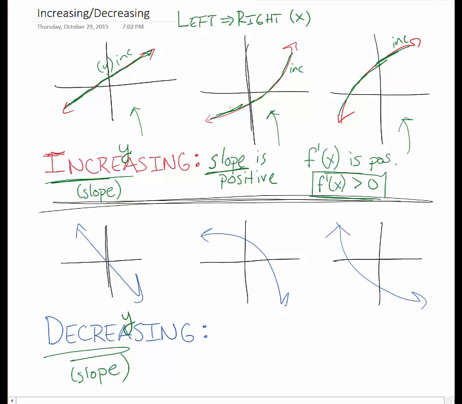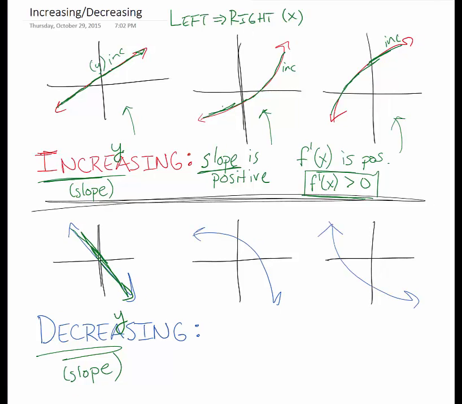It's an increasing graph. Similarly, for decreasing, as we move from left to right, if our y value gets smaller, it's going down. So similarly, when a graph is decreasing, that means that the slope of that graph is going to be negative.